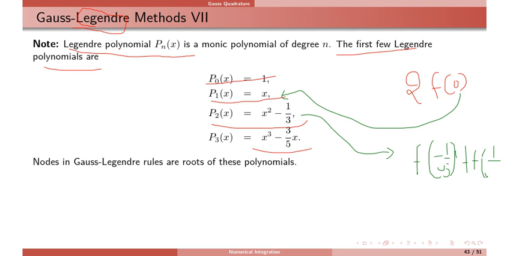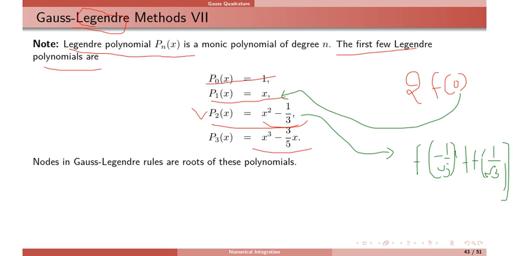So you had two values at plus minus 1 by under root 3. If you find the root of p2, x square minus 1 by 3 equal to 0, that will give you x equal to plus minus 1 by root 3. So you are calculating function values at the zeros of p2.